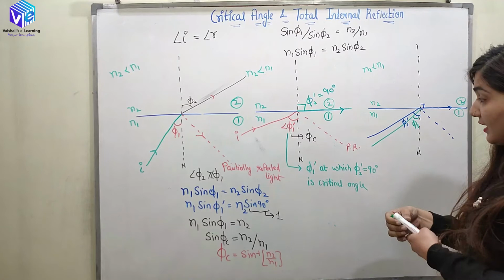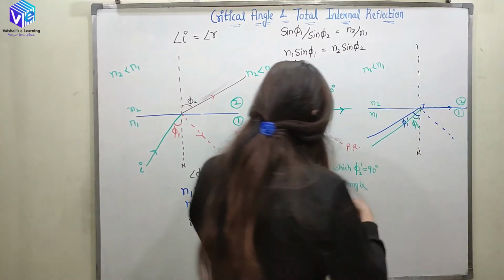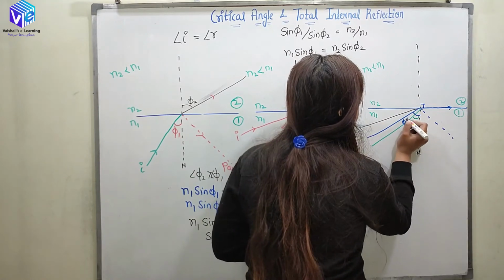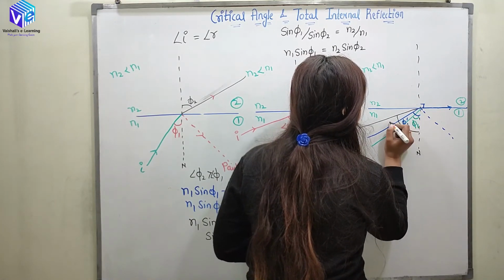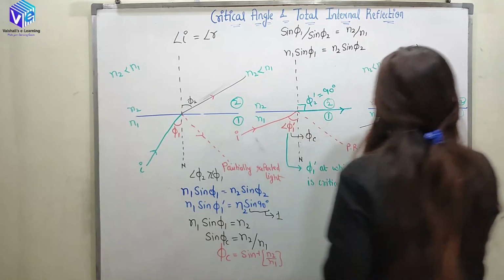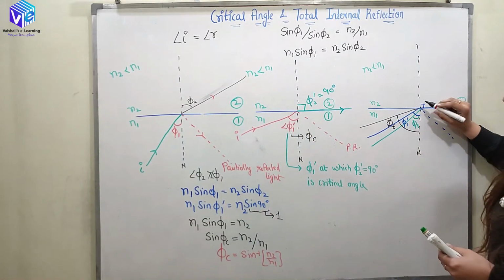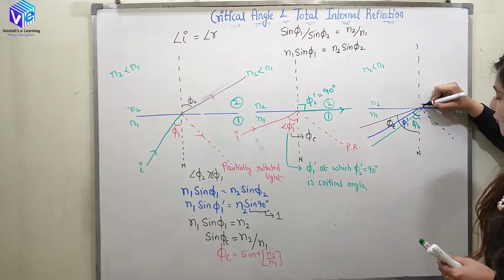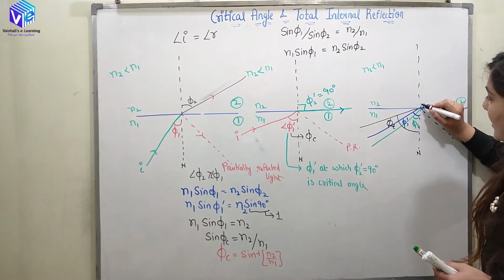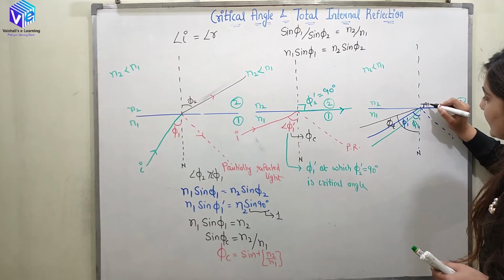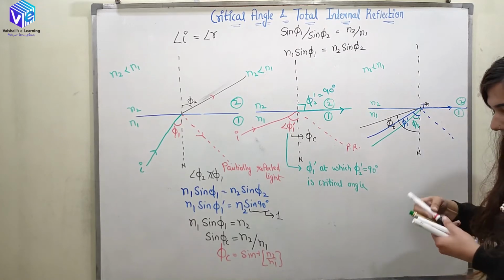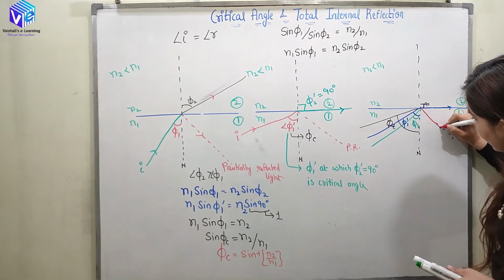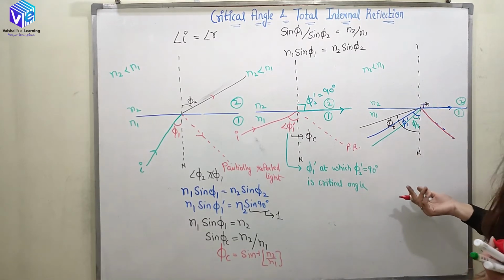After that, if I again keep on increasing the angle, this is my third ray. Let's suppose the angle is phi t. At the angle phi t, the ray is moving inside. Here it will move away from the normal, and already it had the angle 90 degrees, so my angle would be greater than 90 degrees. So now my ray will be totally reflected inside the same medium.